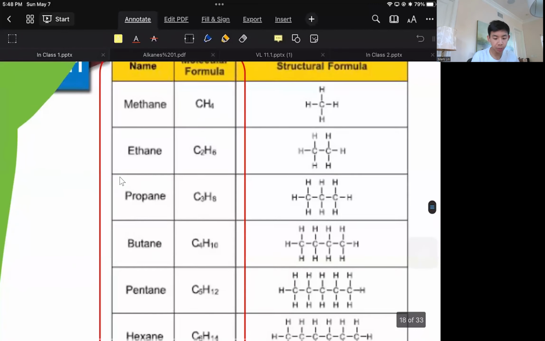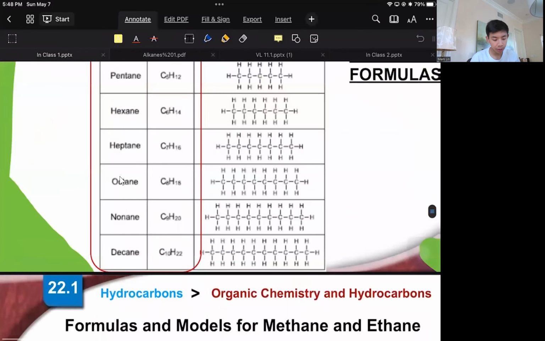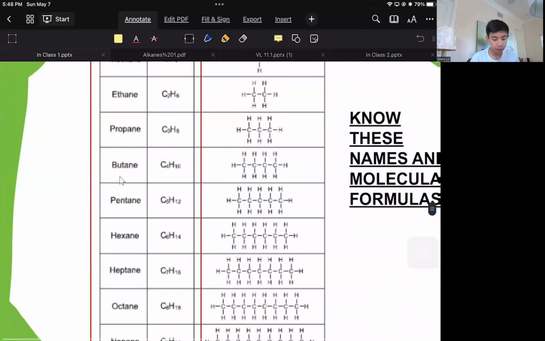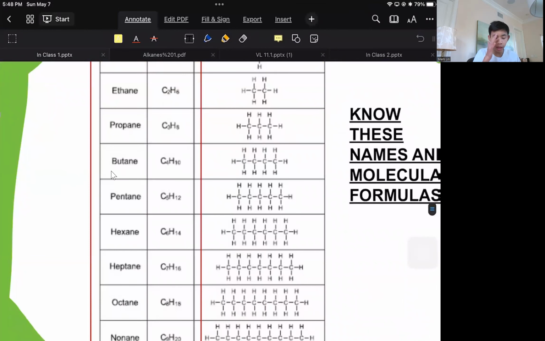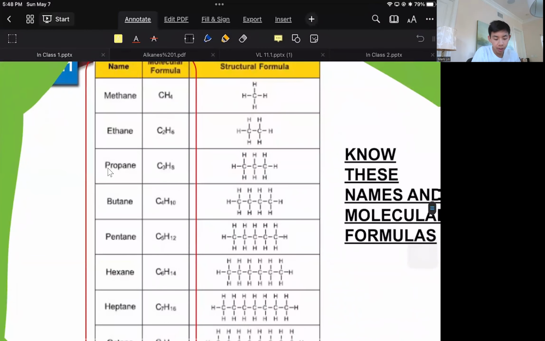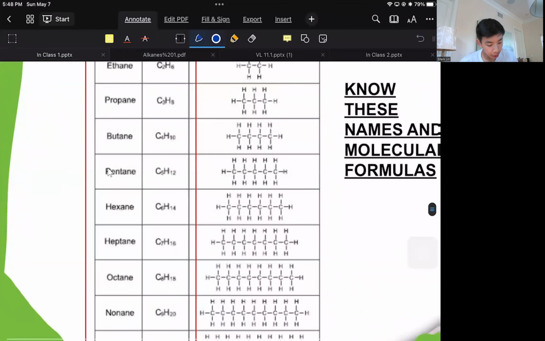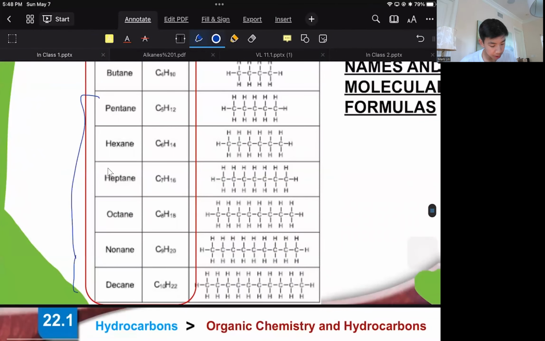So C3 is propane, and then it goes on to pentane, hexane, heptane, that type of stuff. A quick thing I like to do: Aaron kept saying to himself over and over, MEPB, MEPB, MEPB, because everything from here downward is pretty self-explanatory.